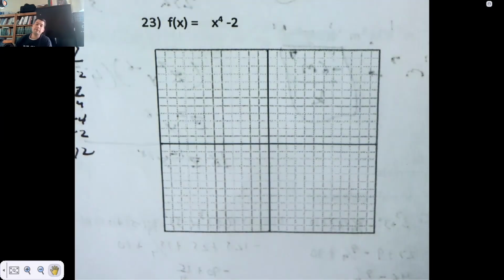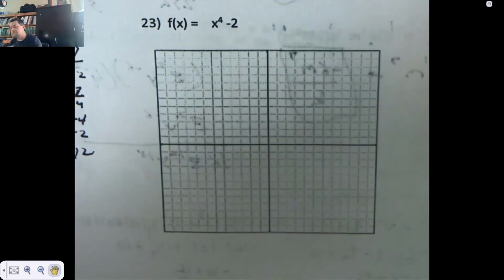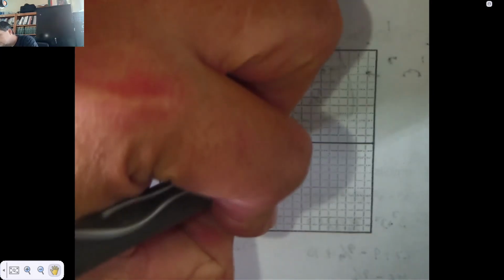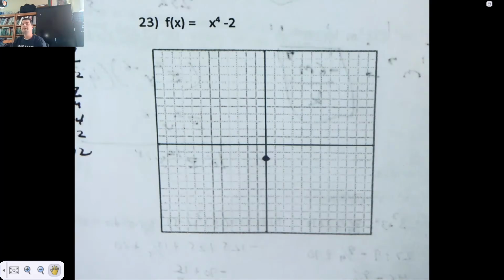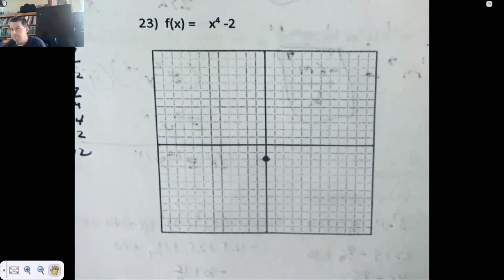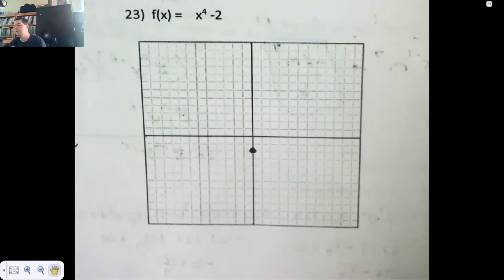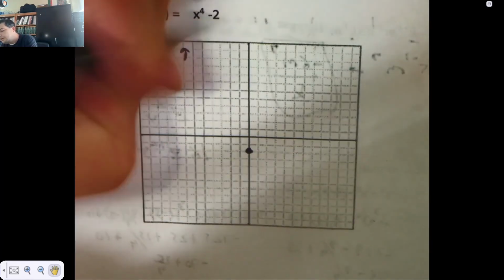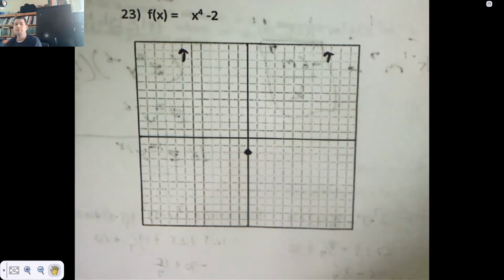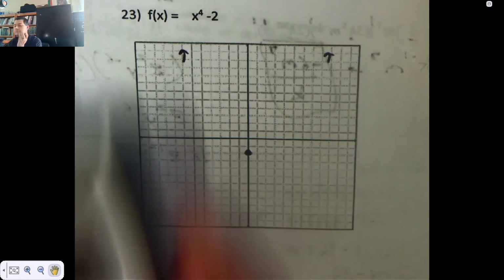It has a y-intercept of -2. If you're asking how I know that, you're obviously not paying attention. To find a y-intercept, you let x be 0. Oh, by the way, it's x to the fourth. It's going to start high and it's going to end high. It's probably going to have a W shape in the middle.